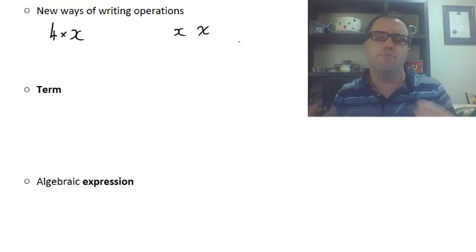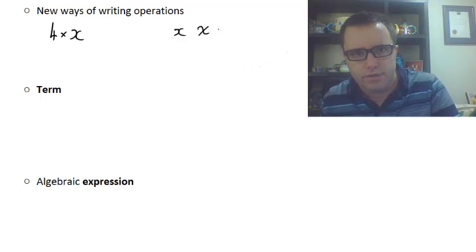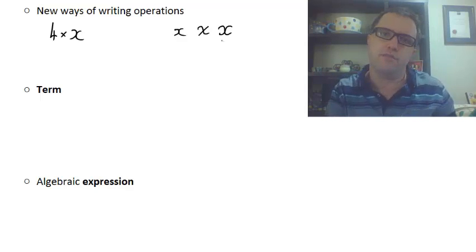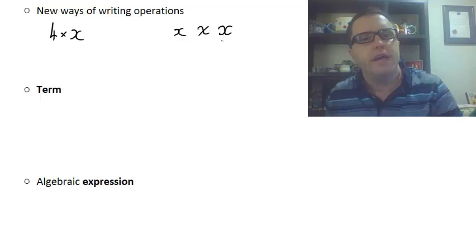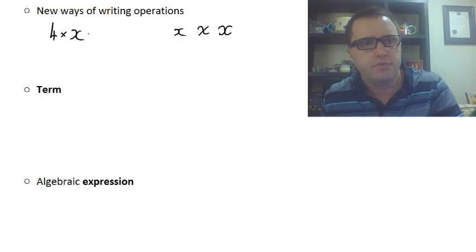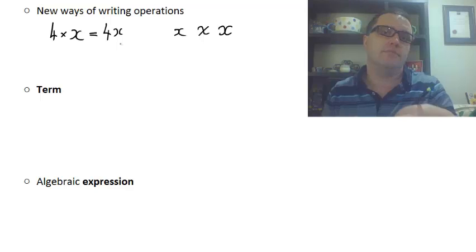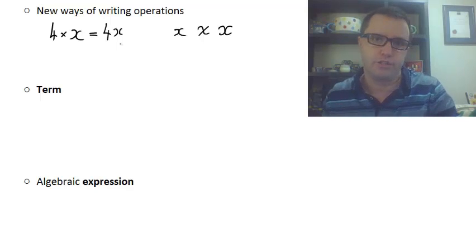That doesn't really matter, however you're going to do it, just make sure it doesn't look anything like a multiplication symbol. We get rid of our multiplication symbols in algebra, and so 4 times x would just be 4x. The fact that there's nothing between them tells us that it's multiplication.